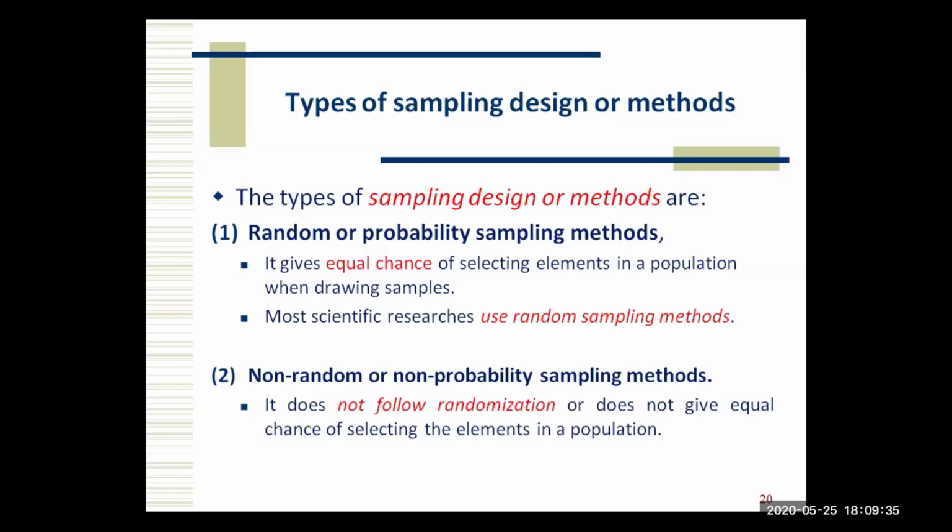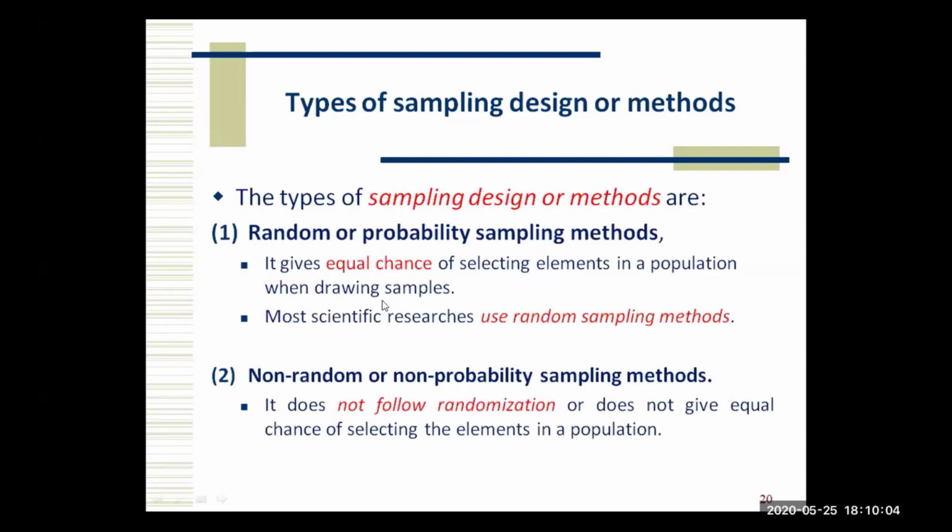In most cases, scientific research uses random sampling methods. Whereas non-random, non-probability sampling methods don't follow randomization or statistical procedure, yet they select elements from the population based on certain specific criteria. That means it doesn't give equal chance to all elements of being selected from the population.